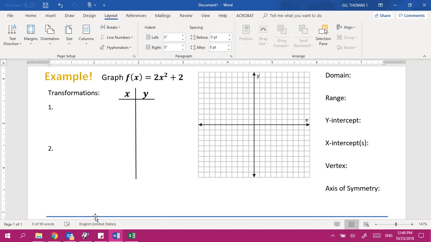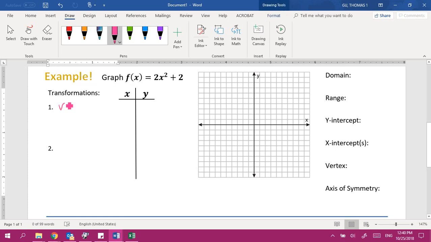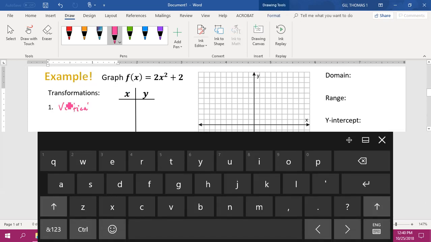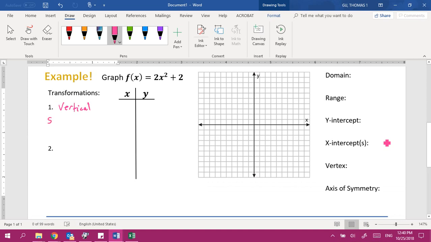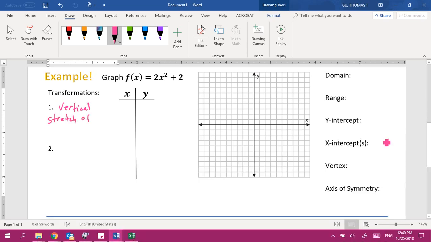What's the first transformation you see here? The 2, what does that mean though? Make it narrow. Vertical stretch of 2, right, like that. So that's how you write it: vertical stretch of 2.